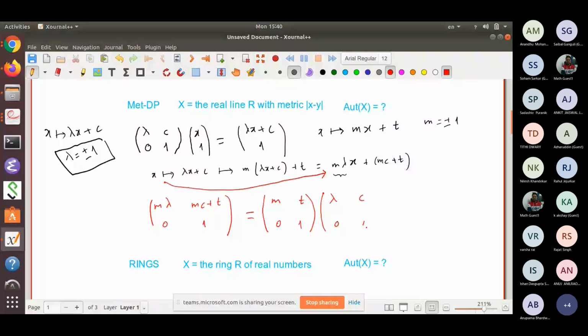So all matrices of this type form this group. And so this group is abstractly plus minus 1 times R, because this lambda is here and here, but the group structure is a semi-direct product. Have you heard the name semi-direct product?